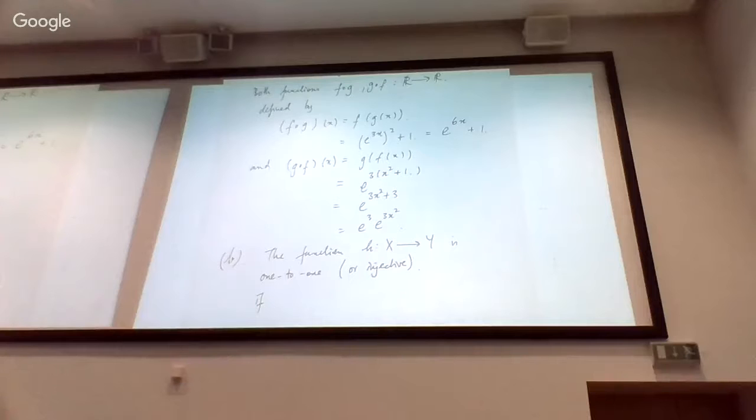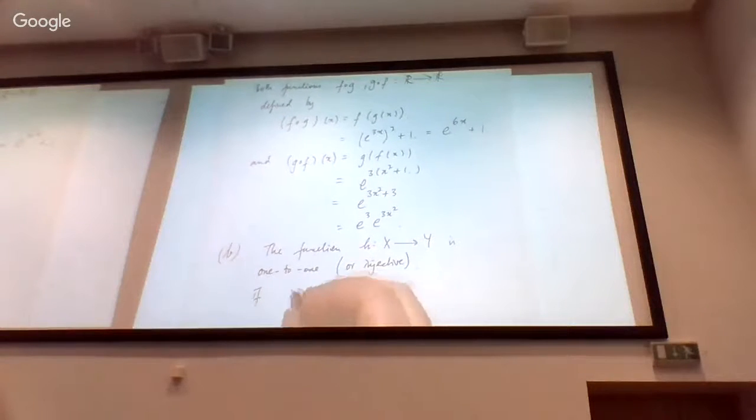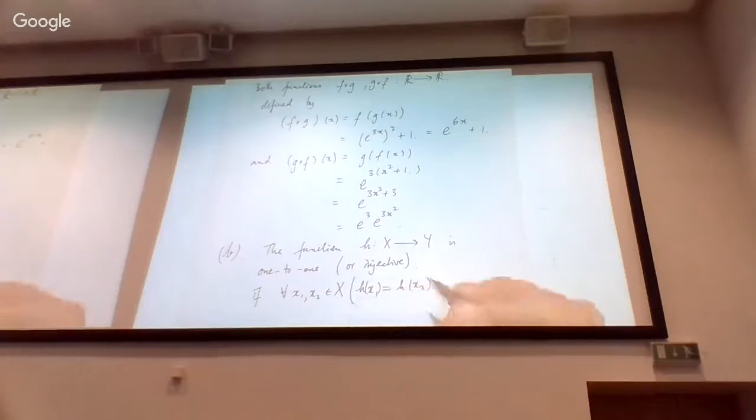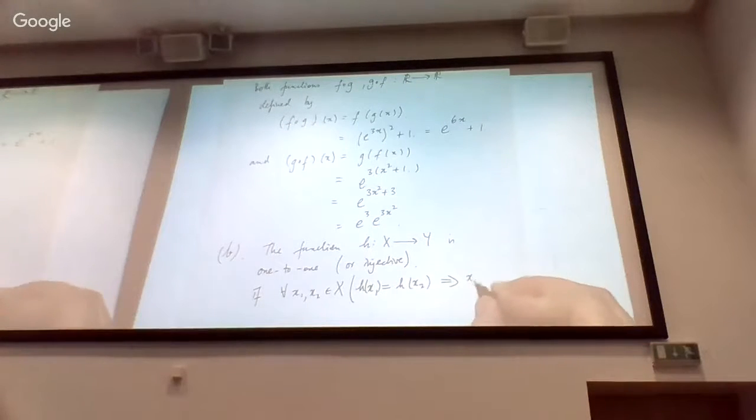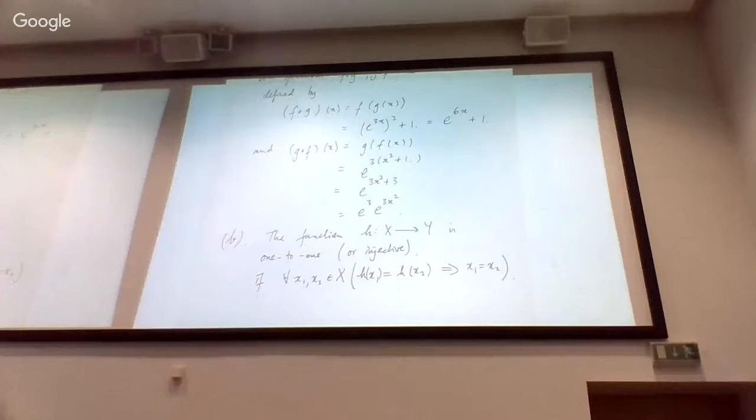A way that that's customarily presented is to say, using our quantifiers, for all x1 and x2 in the domain set X, if h of x1 equals h of x2, well, injectivity says that can't happen with two different arguments. So it can only happen in the kind of strange case that x1 and x2 are actually the same value. They're not really two different values. x1 is actually the same argument as x2.